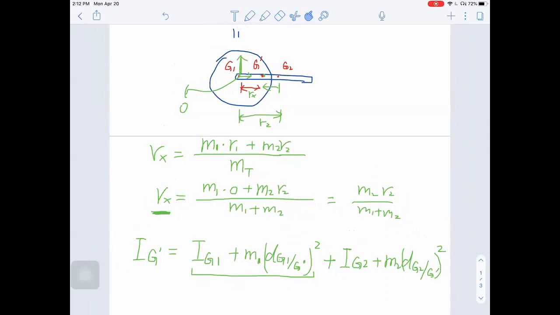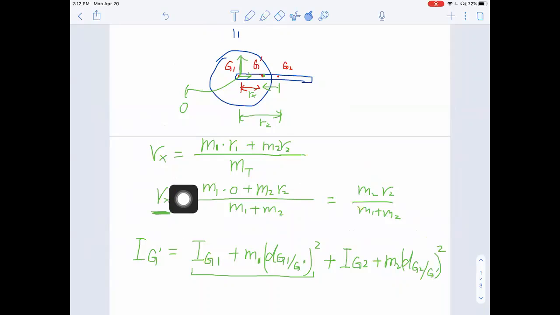So now you know, if you want to find the mass moment of inertia of an irregular geometry, you first have to know the location of the center mass of that combined geometry.